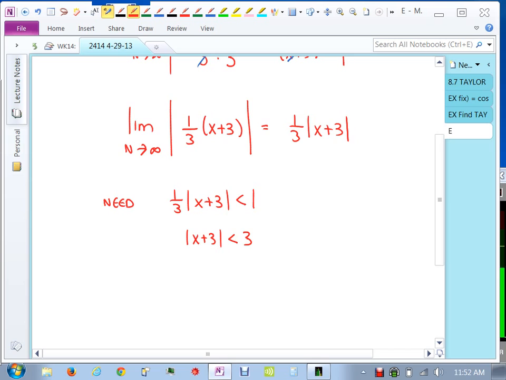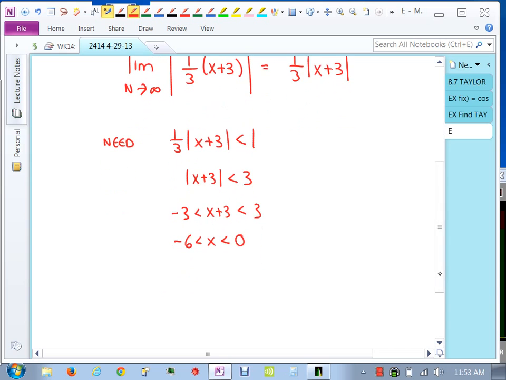So your radius of convergence is 3. And the interval of convergence: subtract 3, so -6 to 0. And then you could check endpoints and all that stuff if need be.